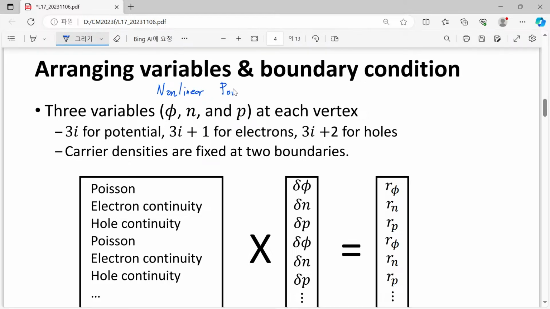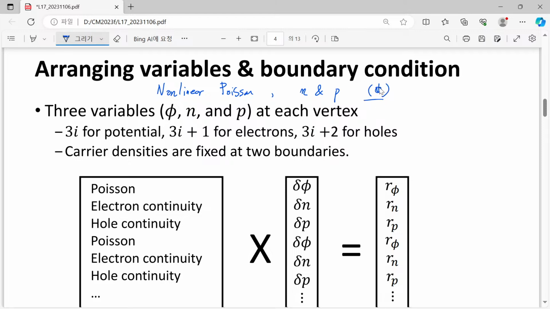In the case of the non-linear Poisson equation, although we used expressions like electron density and hole density, they were just functions of the electrostatic potential.